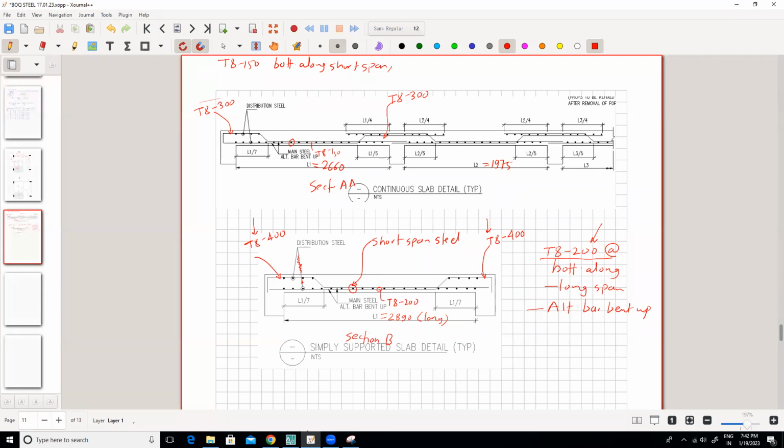For the continuous beam, the end support is L1/7 itself, but towards the continuous support, it will be L1/5. So we will start the bend from L1/5 and then this bent up bar will go in the next beam till L2/4. So this is your bar. If I take this outside, it should look like this. Till this is the end point of this bar.